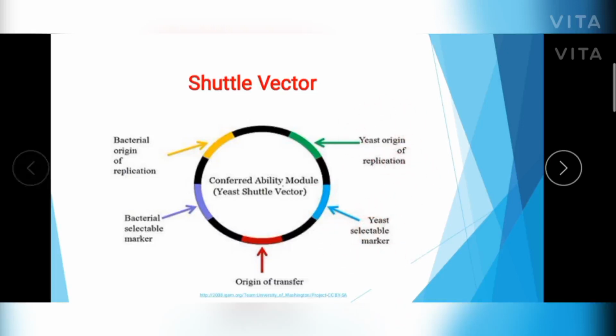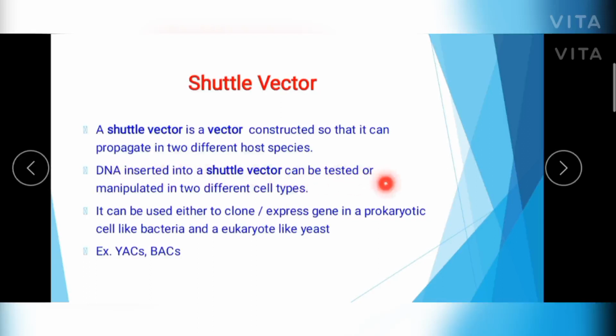And also, these particular shuttle vectors can be used both as a cloning vector and as an expression vector. If you add the regulatory genes in the shuttle vector, it also starts to express those genes in that host cell.